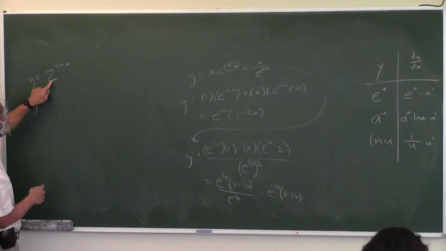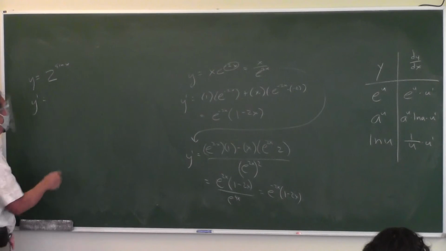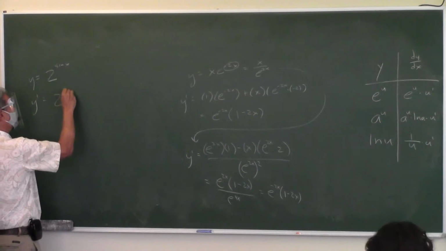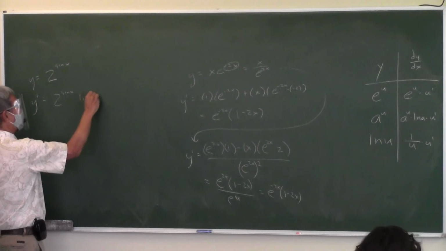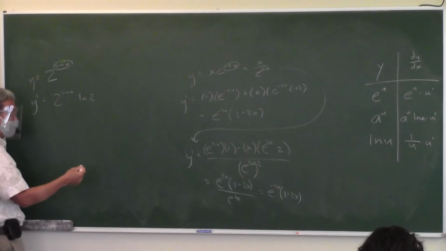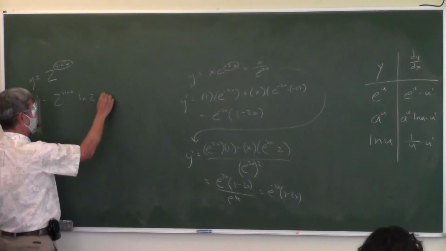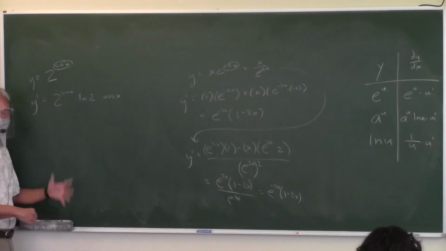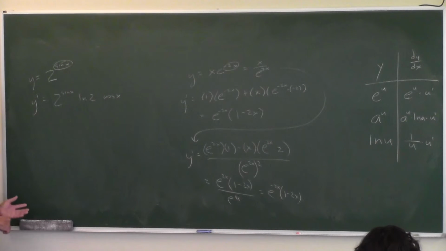So this is a to the u. Just follow the rule. The derivative is a to the u times natural log a times the derivative of u, which is like the derivative of the box. Cosine x. That's your answer right there. Can't really do much with that. You just have to memorize that one.